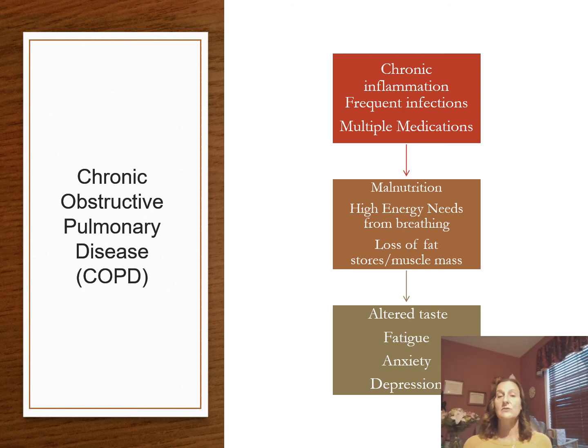COPD, which is chronic, inflammatory, long-term changes to pulmonary function. It includes chronic bronchitis, asthma, and emphysema. The goal of nutrition therapy is to maintain respiratory muscle strength and function. We usually see malnutrition, and we want to prevent and correct the malnutrition.